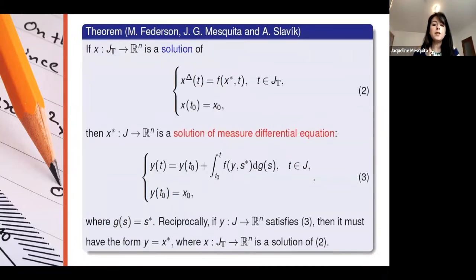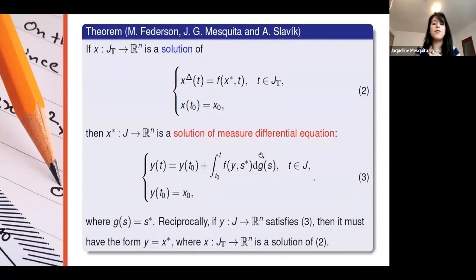Using this relation, we can relate dynamic equations on time scales with measure differential equations. If x is a solution of the dynamic equation on time scales given by this, then x star is a solution of the measure differential equation given by this, where g is exactly s star. Also, if y is a solution here, then y should have the form x star, where x is a solution of this problem here.